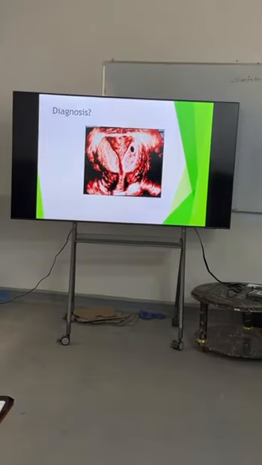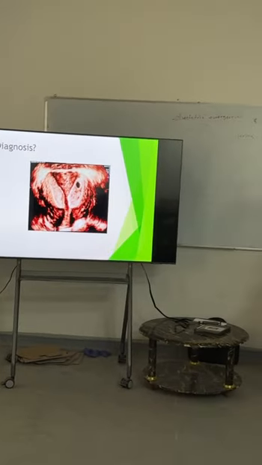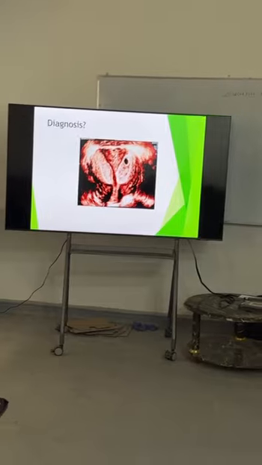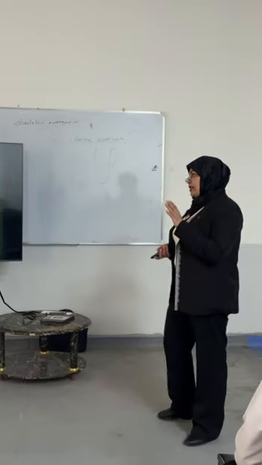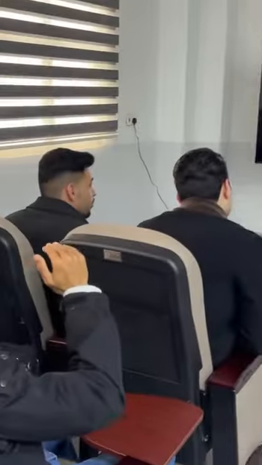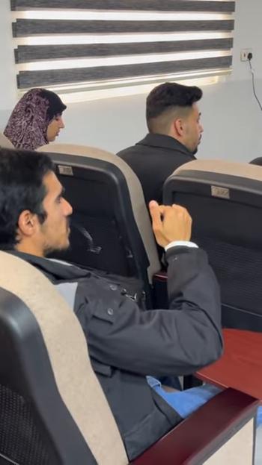Septate uterus. Endometrium. I want a description. And the dome of the uterus is above the septum.